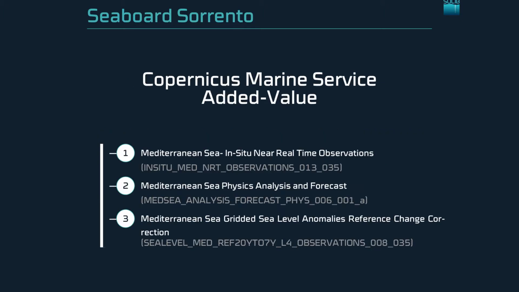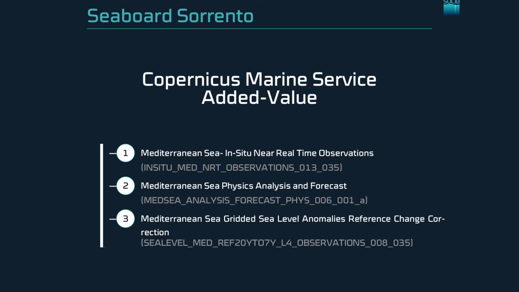So the Copernicus Marine Service added value; we want to clearly cite the data we use. We use the Mediterranean in situ data. We have a mooring close to the island, giving us the sea level, the wave characteristics, and the wind at sea. We use the Mediterranean Sea physics analysis and forecast because our own model is a downscaling of this Mediterranean model.